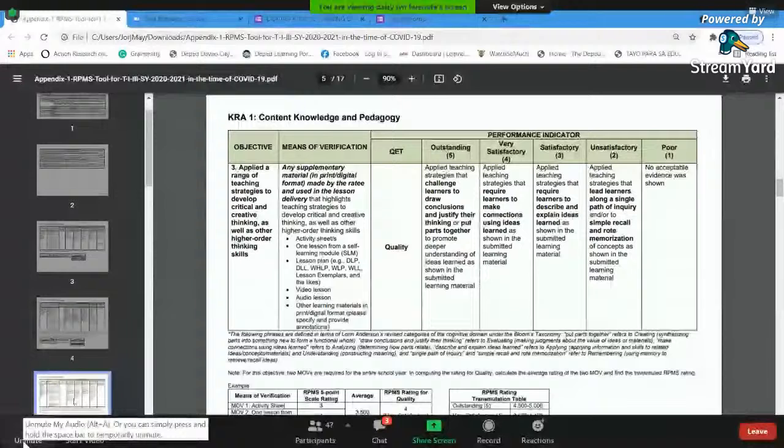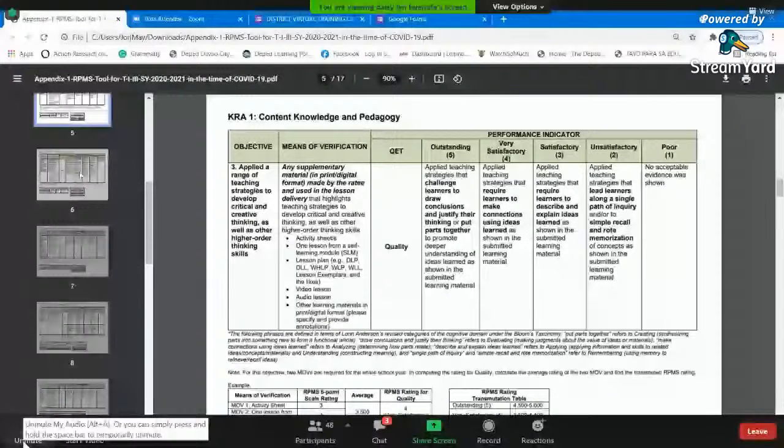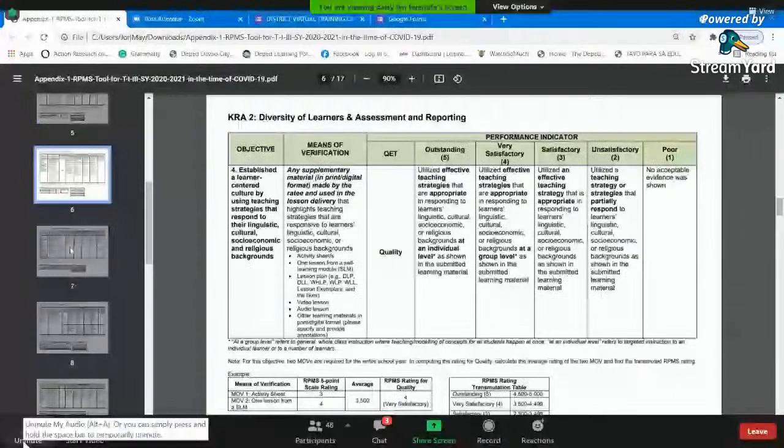This objective number 4 falls under KRA 2. As I said earlier, one of the duties of the teacher is to address learner diversity. So in our IPCRF, that is called KRA 2, which is diversity of learners and assessment and reporting. So what are the objectives involved in this KRA?